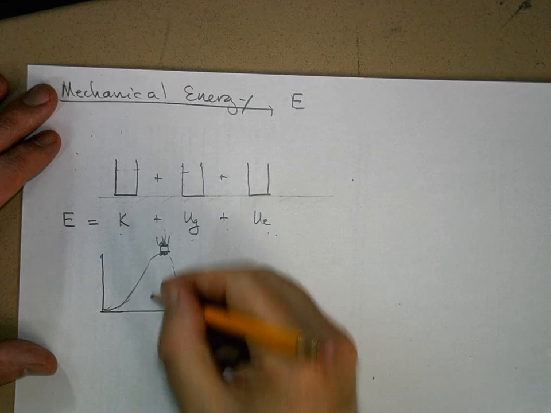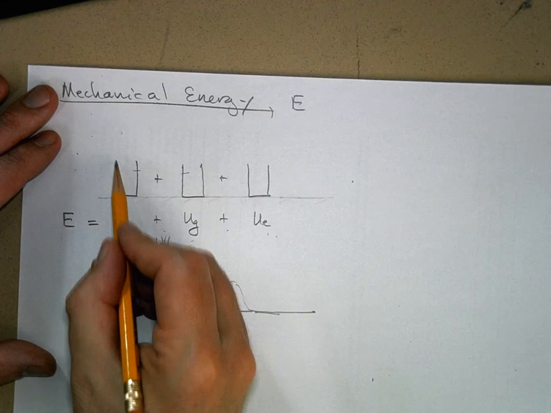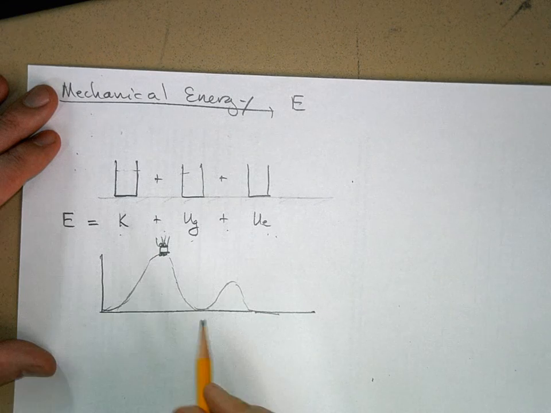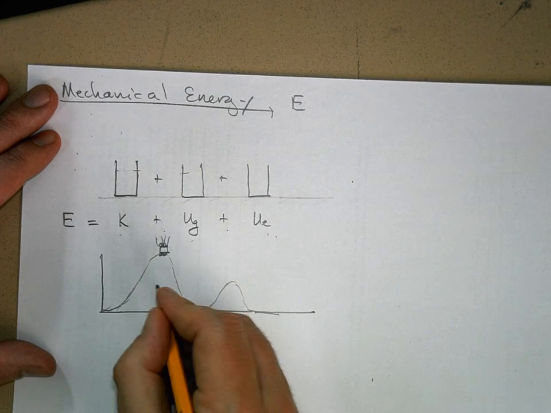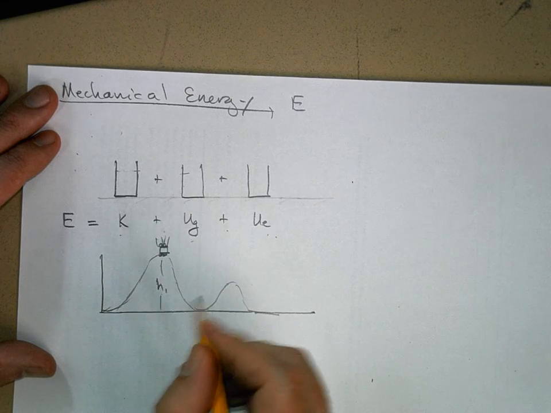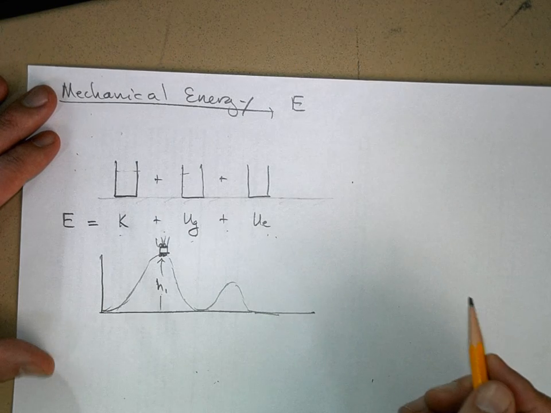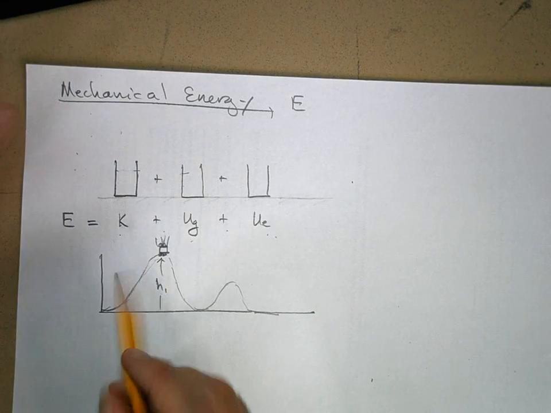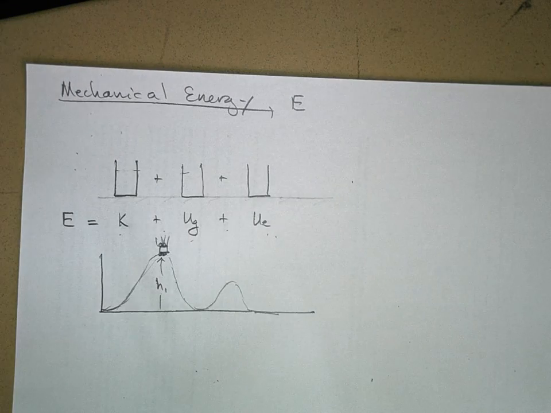Well, if they're not moving, they have zero kinetic energy. But they do have height. We'll call this H1. Somebody had to do work to get them up there, but once you get them up there, you have a certain amount of mechanical energy.